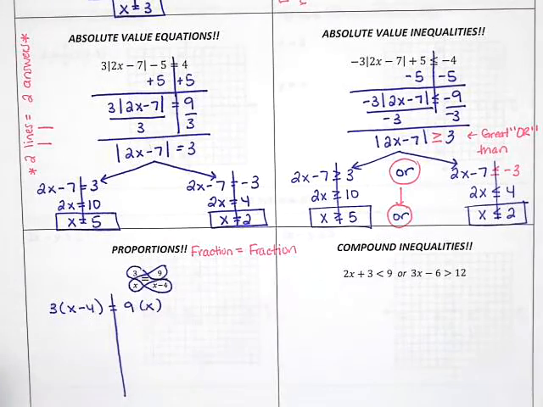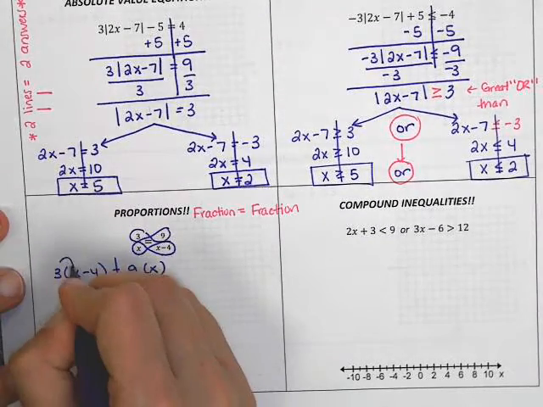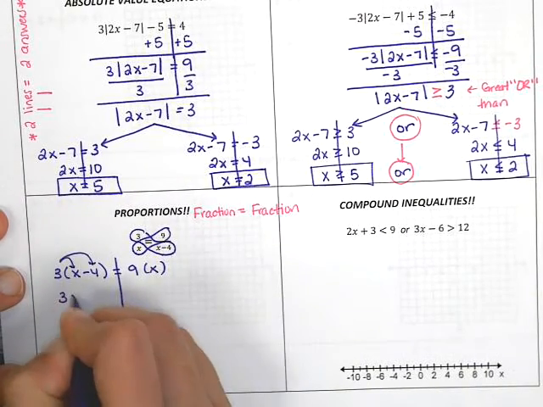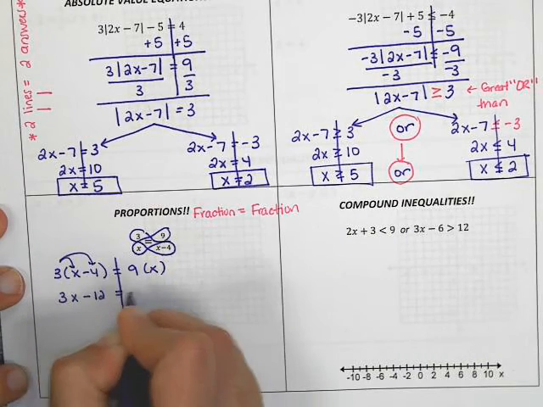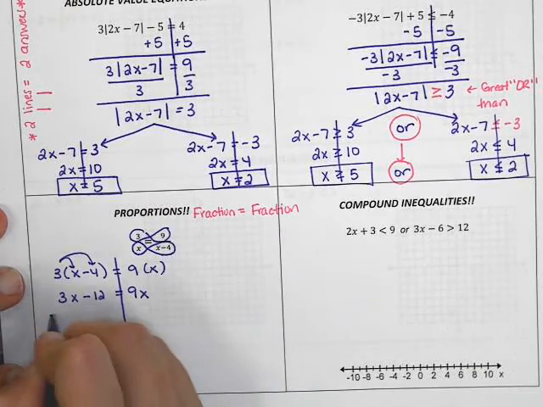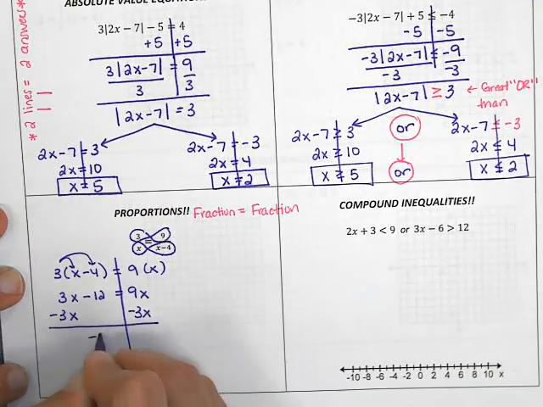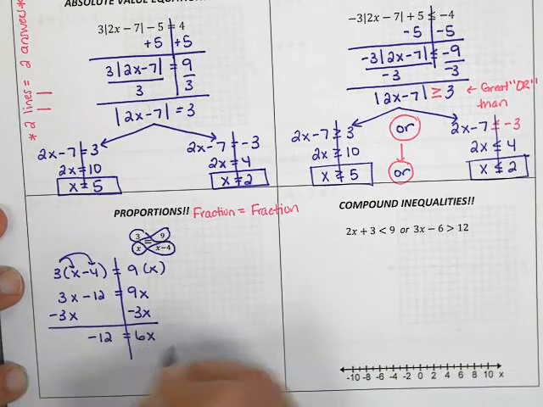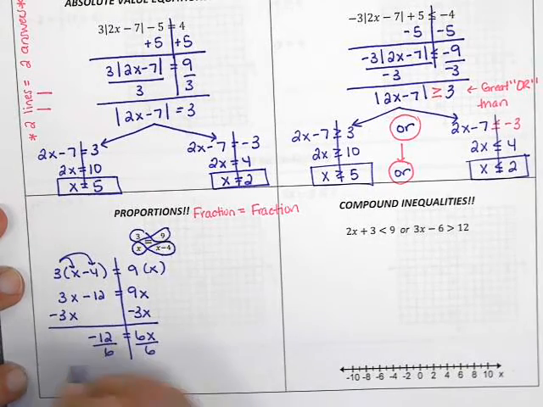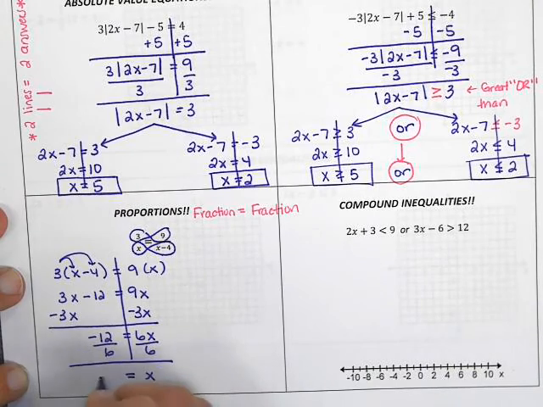Now I'm going to solve this like a normal equation. So I'm going to go ahead and distribute the 3. When I distribute, I get 3x minus 12 equals 9x. I'm going to subtract the 3x on both sides, and I get negative 12 equals 6x. And finally, I'm going to divide by 6, which means x equals negative 2.